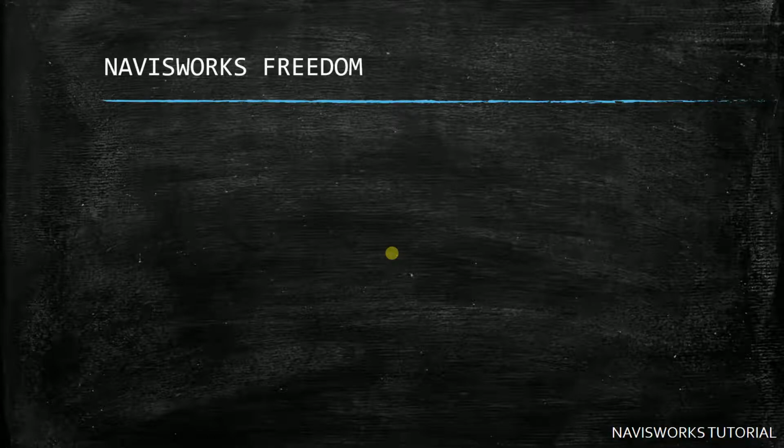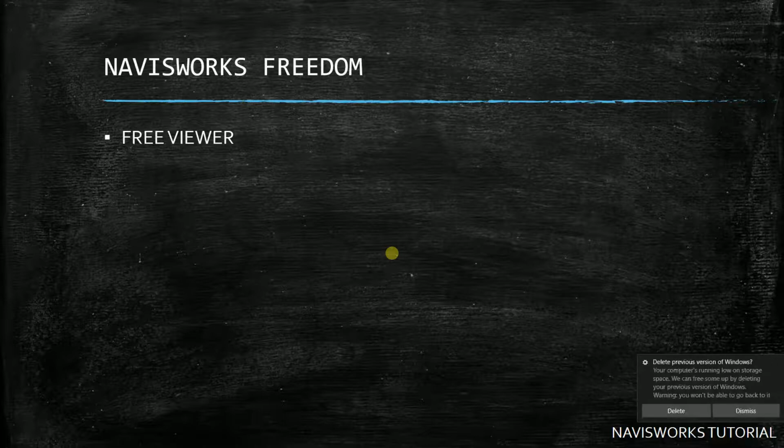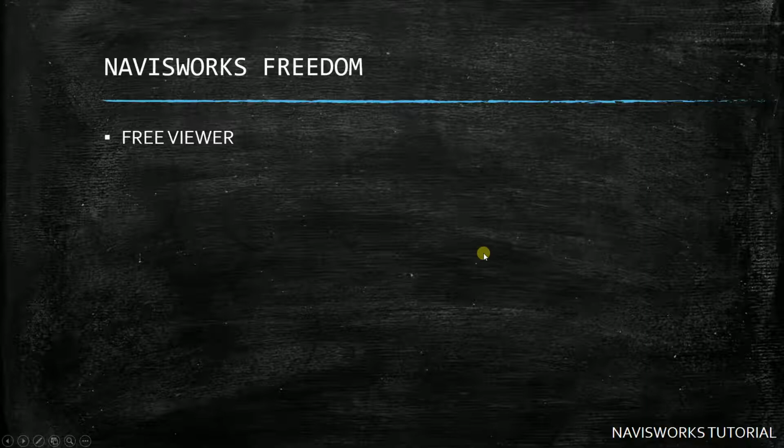You can download this at autodesk.com. It's a free viewer. So if the client wants to view the project in Navisworks, they can install Navisworks Freedom. But since this is free, you cannot do anything much aside from viewing your model.